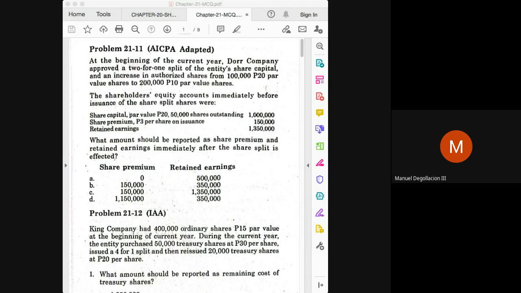Another reason would be to simplify or to eliminate fractional shares, and sometimes simply to change the par value and the total number of shares.